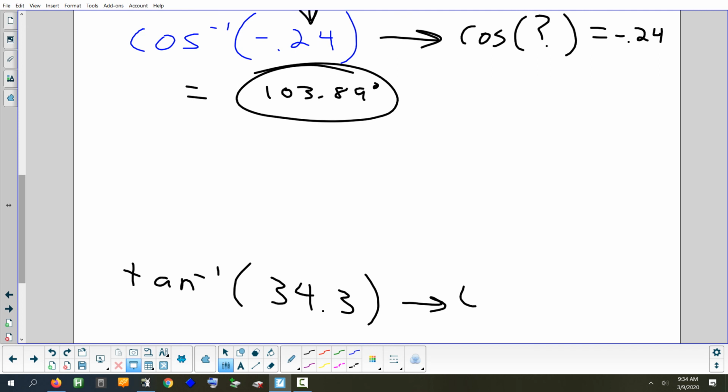This question mark. So the tangent of what angle? Yep. Equals. Okay, that's what you're trying to figure out. The tangent of what angle would give you 34.3? And this is how you figure it out. Take the inverse tangent of 34.3.